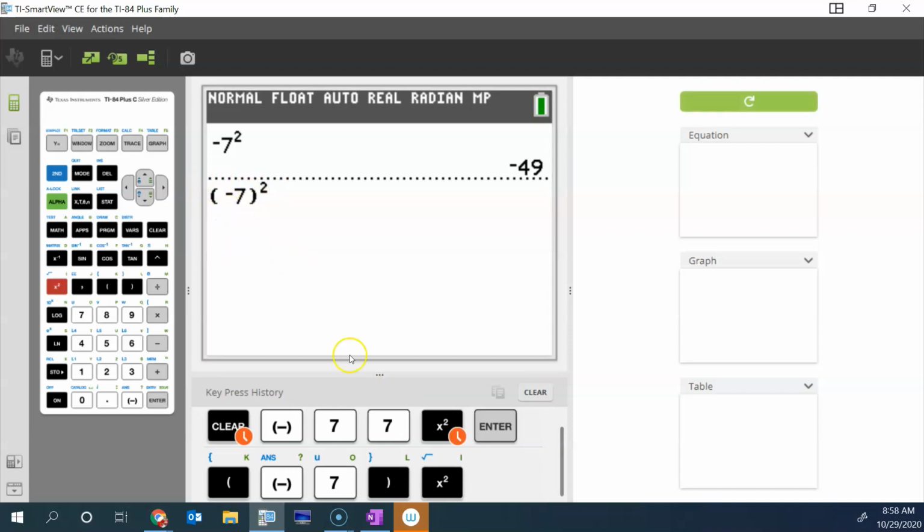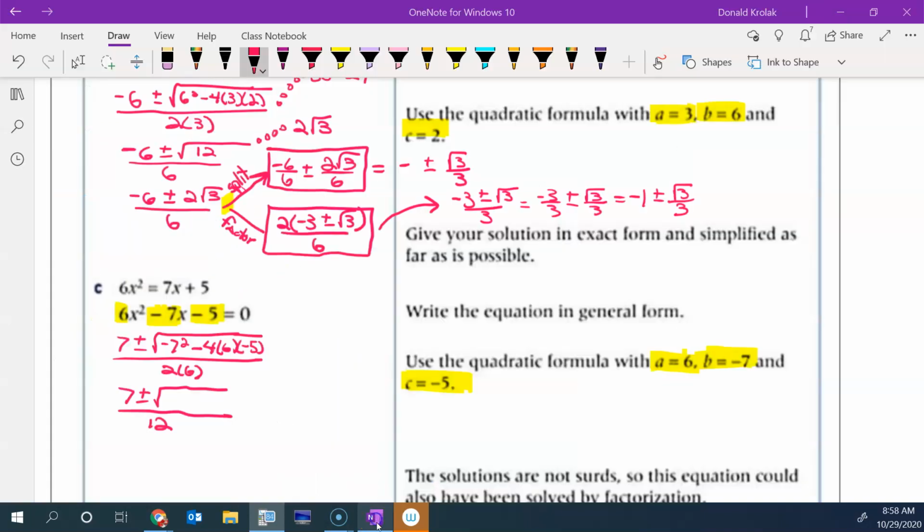When would you? Maybe if it was like an expression, let's say I had something like this, and I said, let x equal 7. Well, when you plug 7 in there, it looks like this.